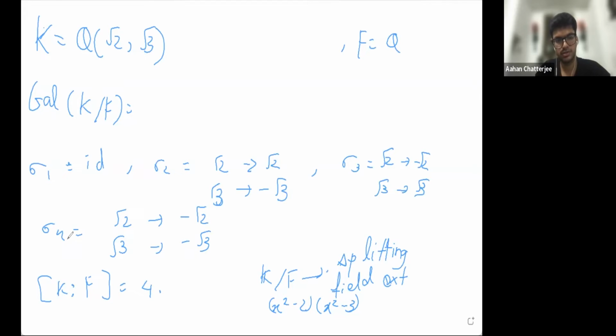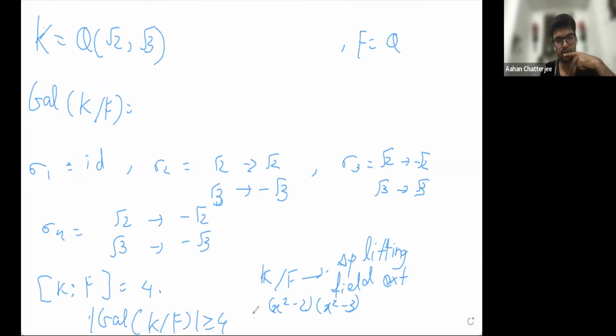And so for a Galois extension, now basically you can note here that each of sigma 1, sigma 2, sigma 3, sigma 4 fixes Q, and so the size of this is at least 4.